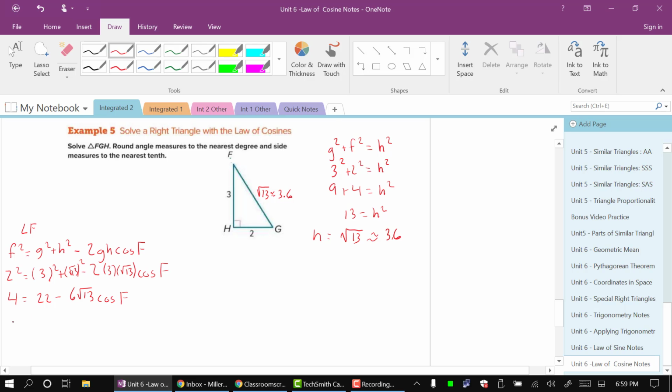Subtract 22. That gives me negative 18 equals negative 6 square root 13 cosine f. Divide by negative 6 root 13.